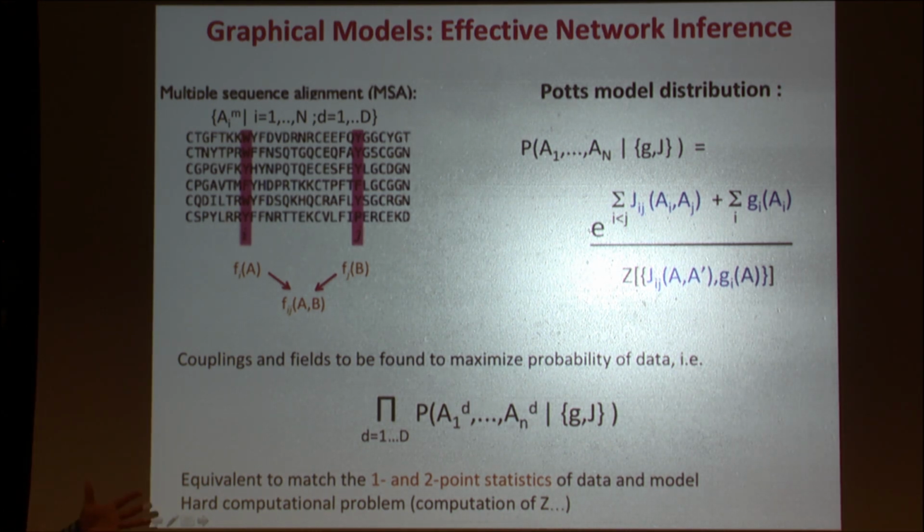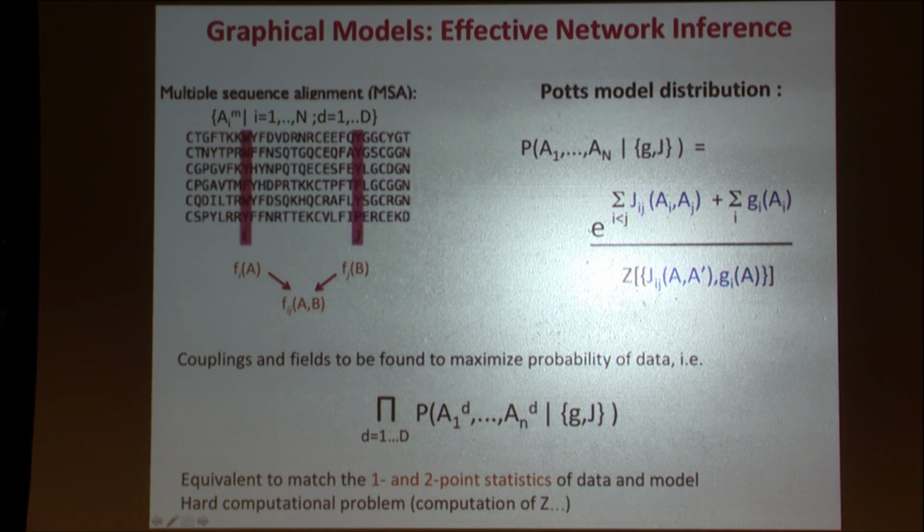Here we have just a bunch of sites with an unknown interaction network and unknown local fields. And that should define some distribution here. And so this is our model. It's just a generalization to the non-independent site model of what I've done before. And so the coefficients Jij and Gi are unknown. And what I would like to do is to find them from the data.